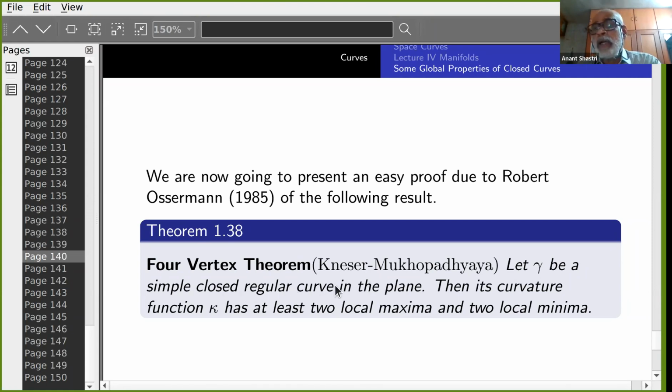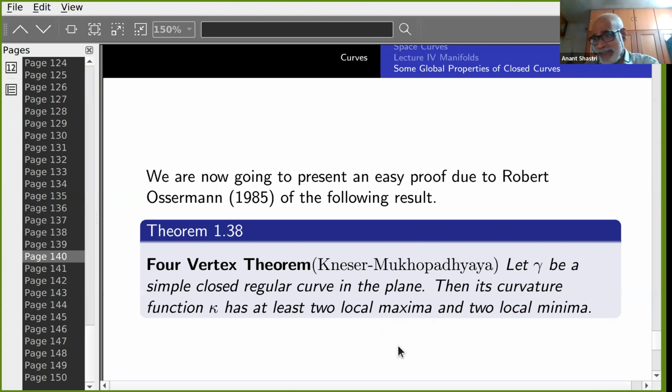By the way, I defined what a convex curve is last time. Do you remember that? A convex simple closed curve is nothing but one whose interior region must be convex. Like an ellipse and a circle, of course, or some weird thing, but it has to be convex.